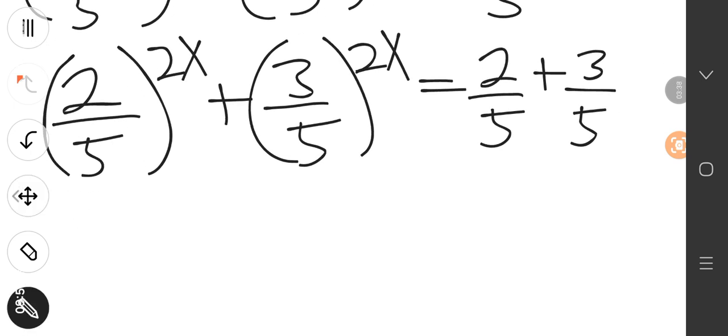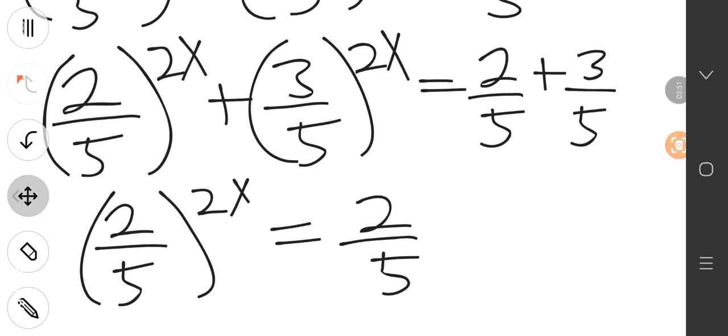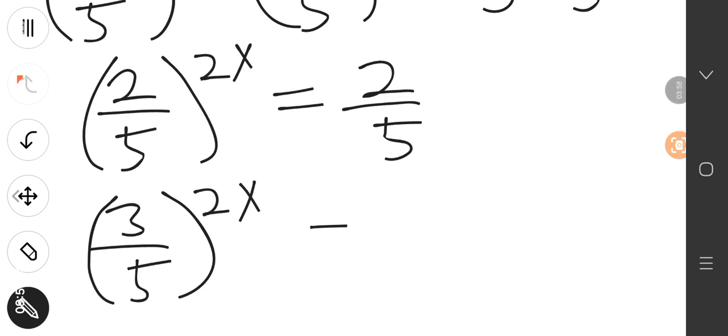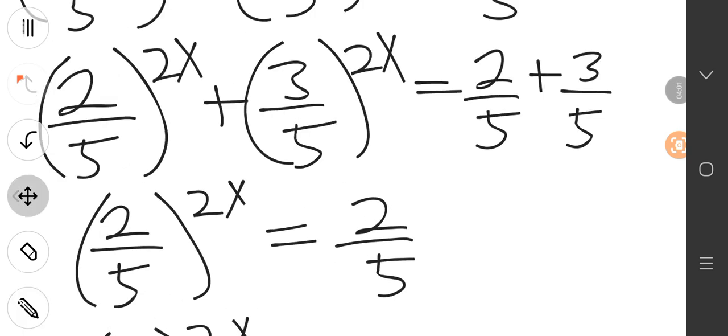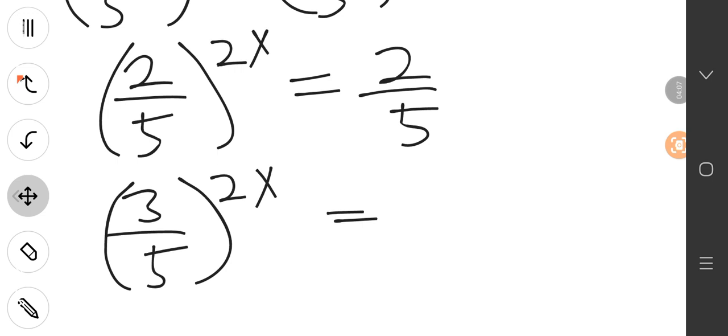By observation or by inspection, you can see that 2 over 5 exponent 2x is equal to 2 over 5 here, and 3 over 5 exponent 2x equals 3 over 5 here.